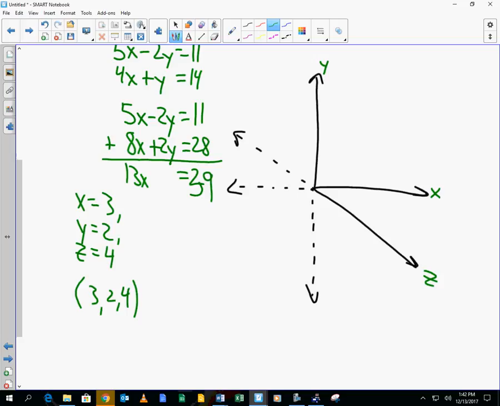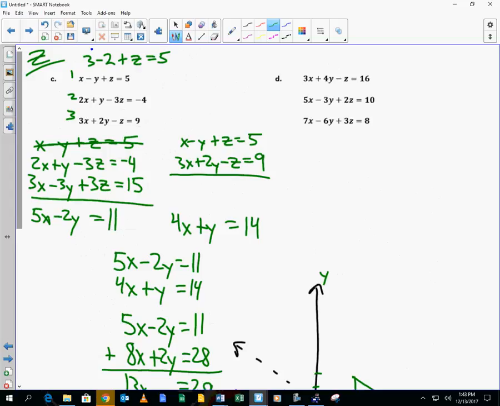They would intersect at 3 values for x, 2 values for y, and 4 values for z. So over 3, up 2, and out 4, if you can picture it like that. And that's the intersection. Tough to draw 3-dimensional on 2-dimensional space. I would love to show you 4th dimensional on a 2-dimensional space sometime. Okay, let's not do letter D and pretend like we did.